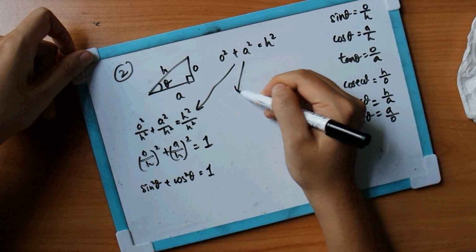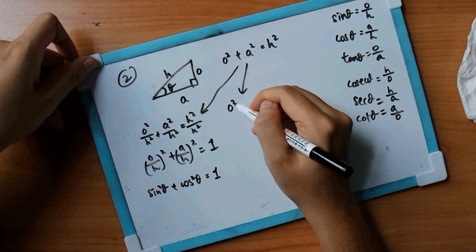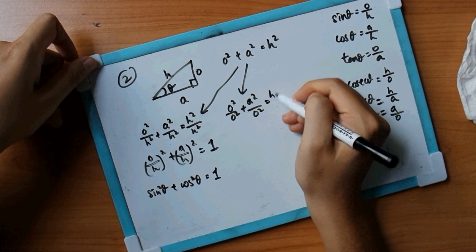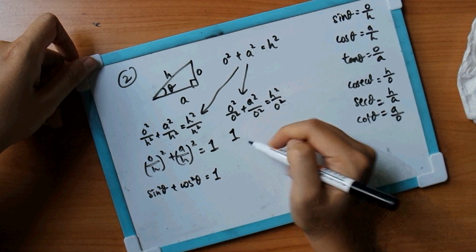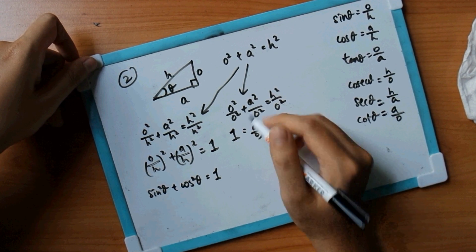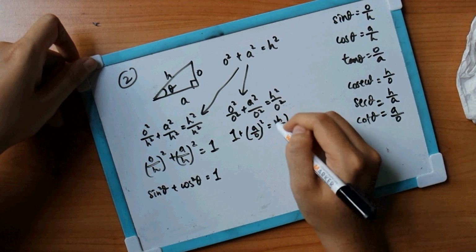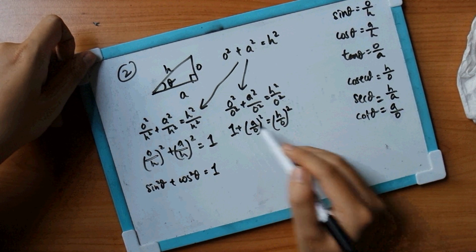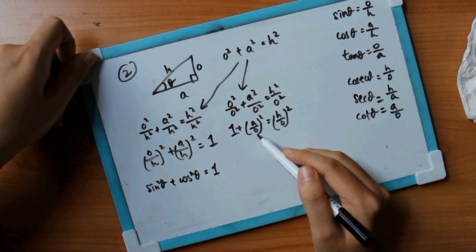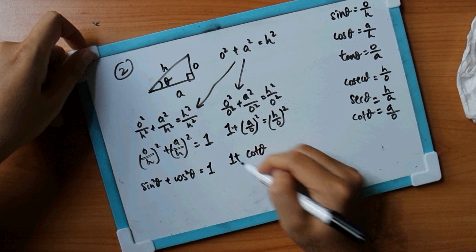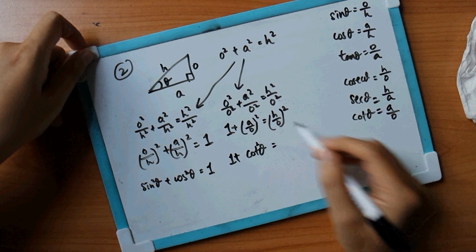The second part here, let's just divide by O square. It's 1, A over O square, H over O square. So what is A over O? It is simply cotangent. Right? What is H over O?